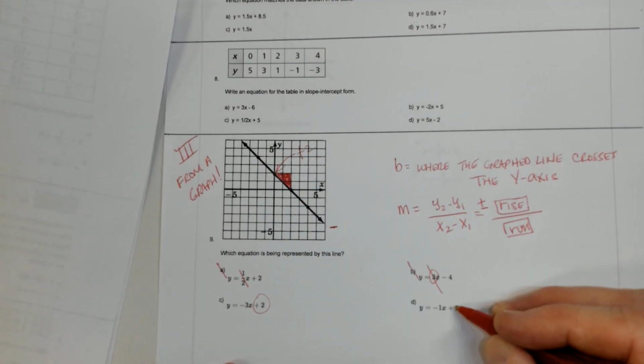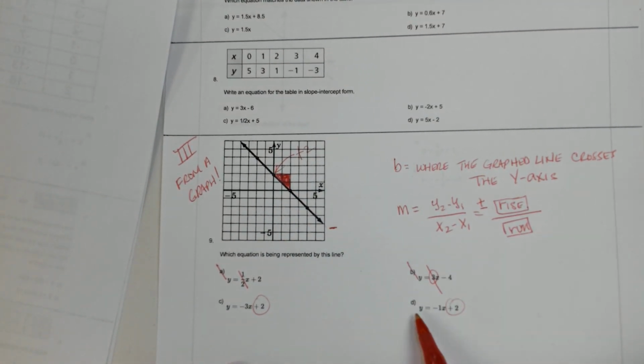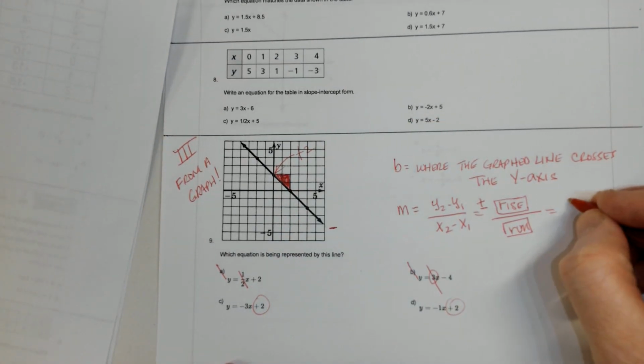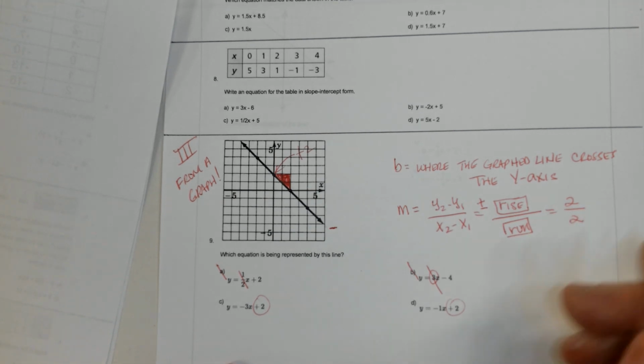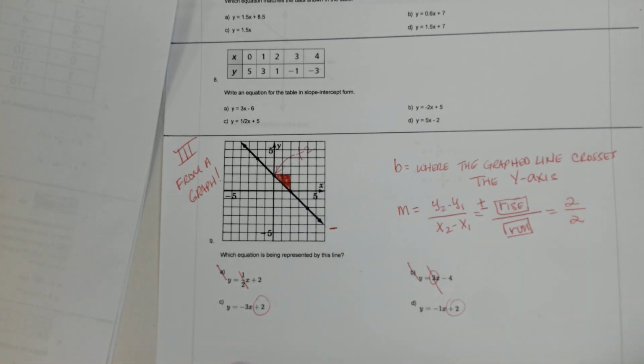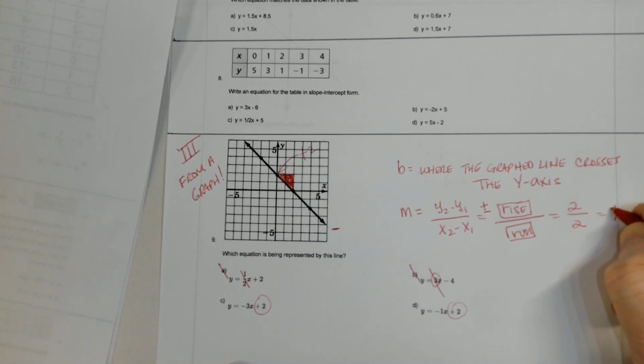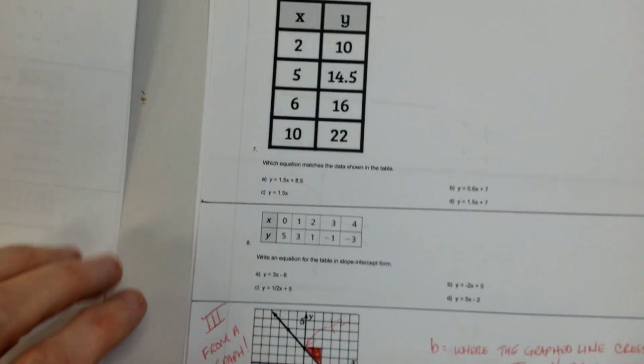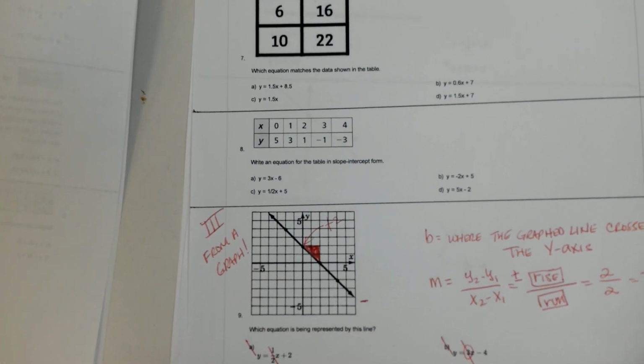So that's a positive 2. All we need to do here is find the slope, which in this case is going to be 2 over 2. 2 divided by 2 is 1. We know it's a negative because the line's negative. Our answer is D.